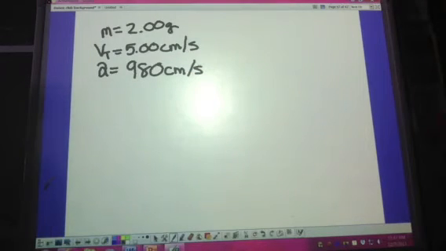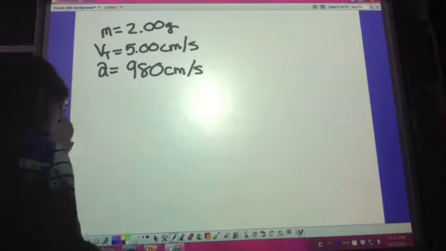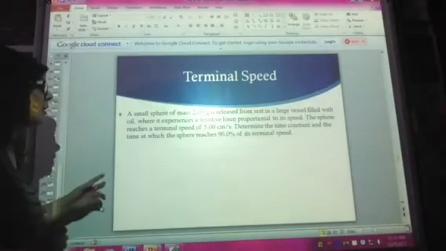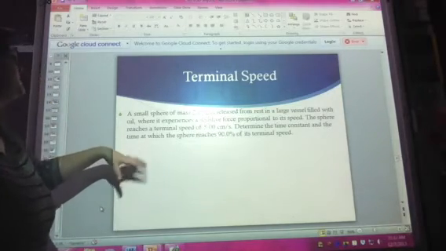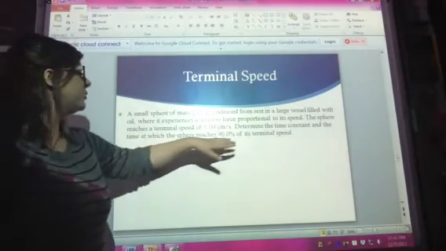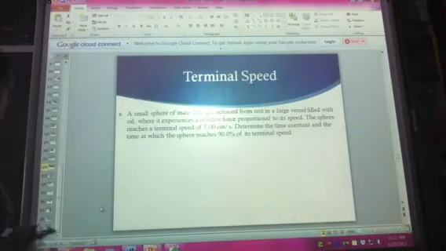Okay, so I have mass, I have terminal speed, I have acceleration. We also want to know the time it's going to take for the speed to reach 90% of its terminal speed.